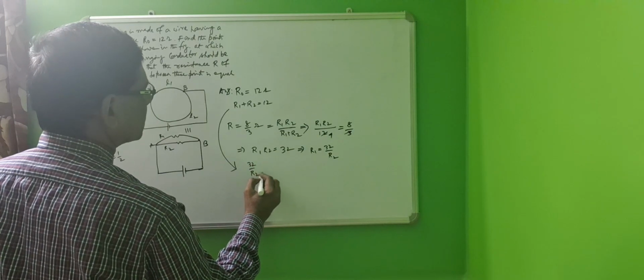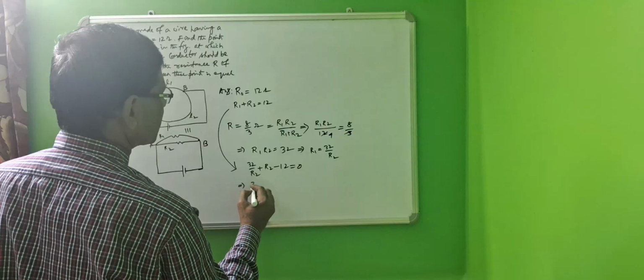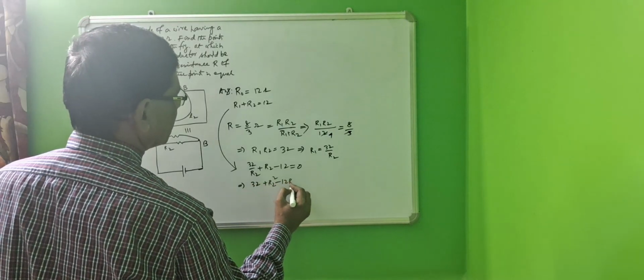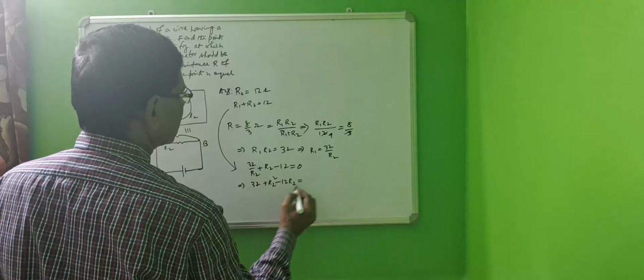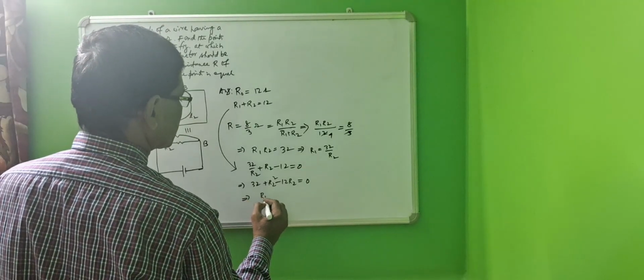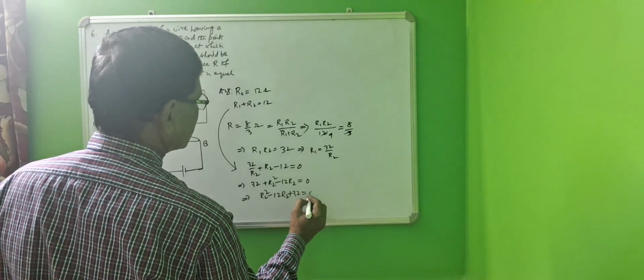So 32 by R2 plus R2 minus 12 equals 0, which implies 32 plus R2 square minus 12 R2 equals 0, which implies R2 square minus 12 R2 plus 32 equals 0.